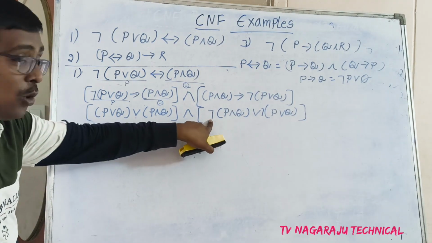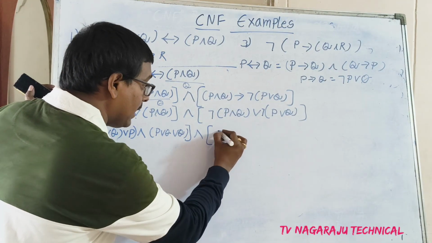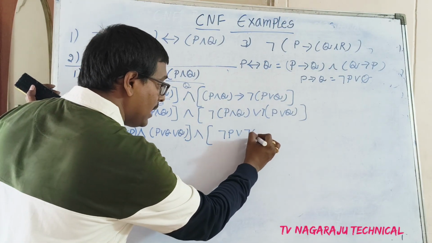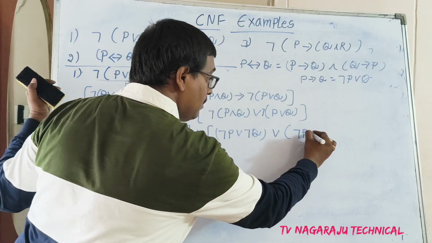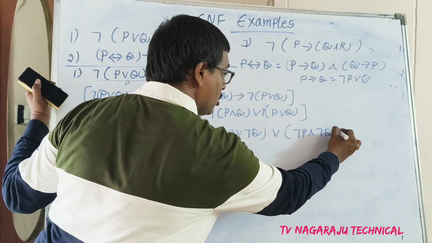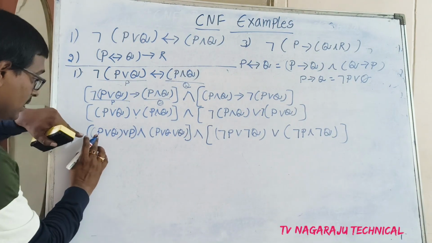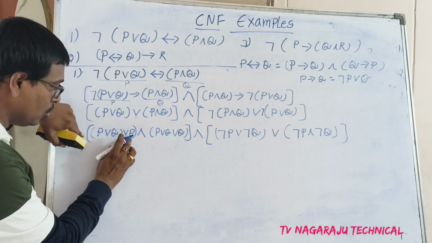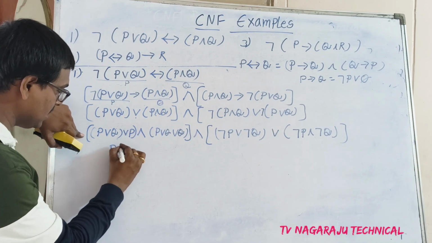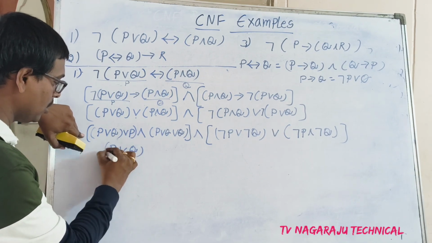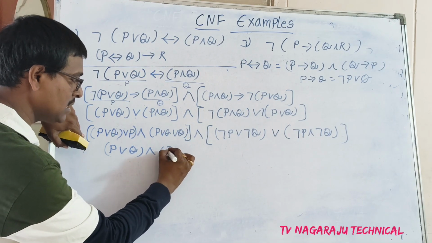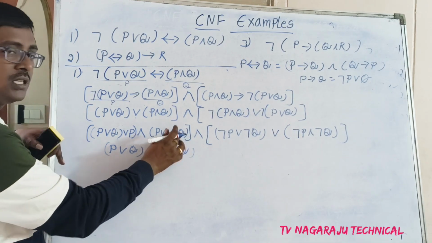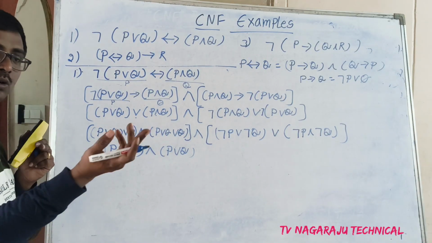Now in this, P or Q or P is P or Q, and P or Q or Q is P or Q. Q or Q is equal to Q, P or P is equal to P.